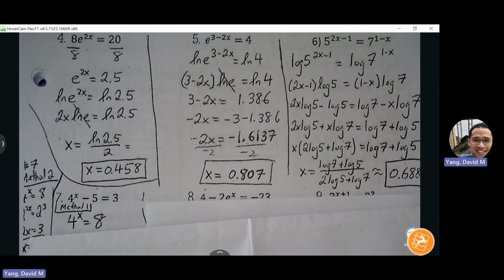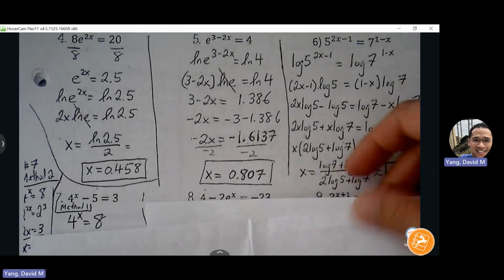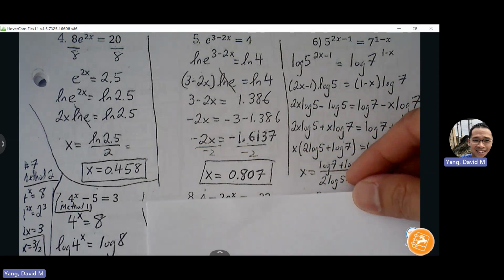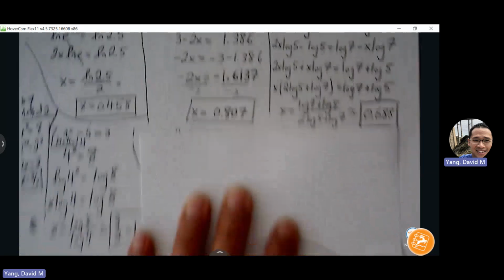Take the exponent down by taking the log, log of both sides, right? You can do natural log, yeah, but I did log base 10. But here, yeah, that works perfectly fine.